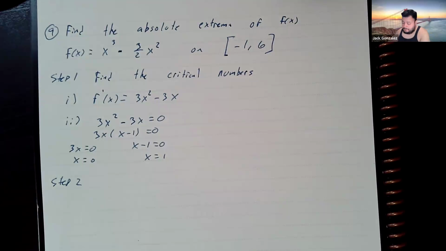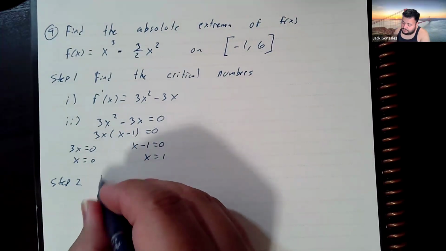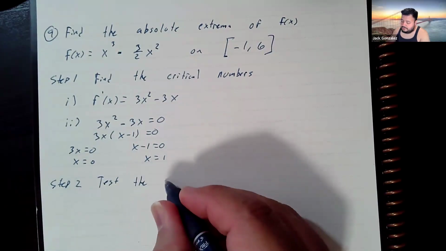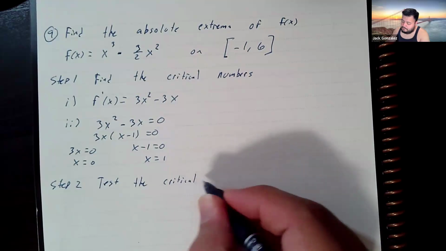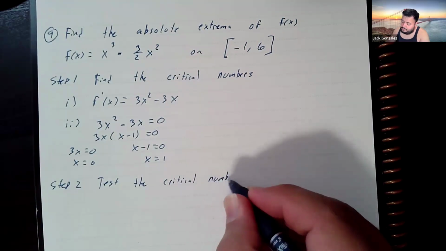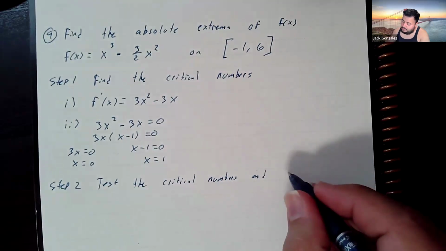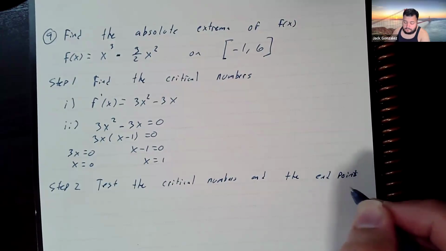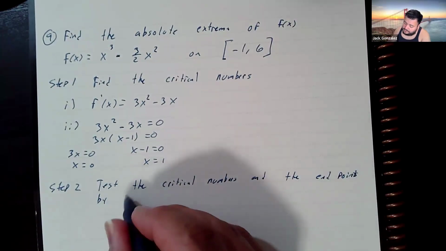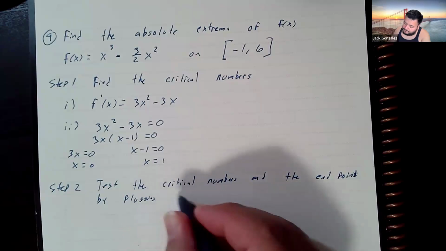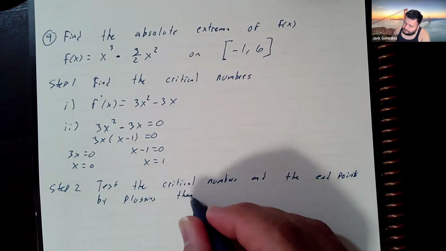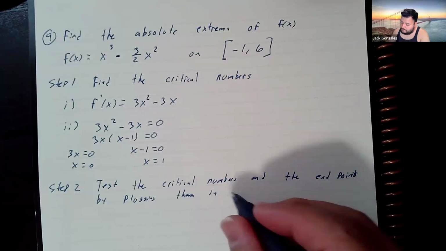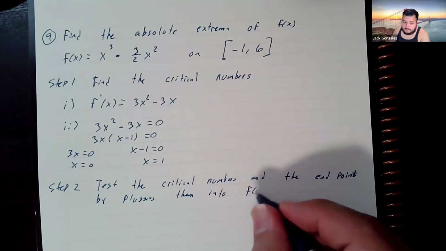Okay. So step two wants you to test the critical numbers and the endpoints by plugging them into f of x.